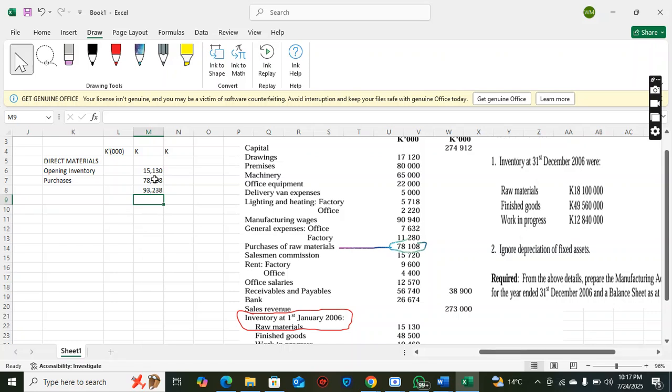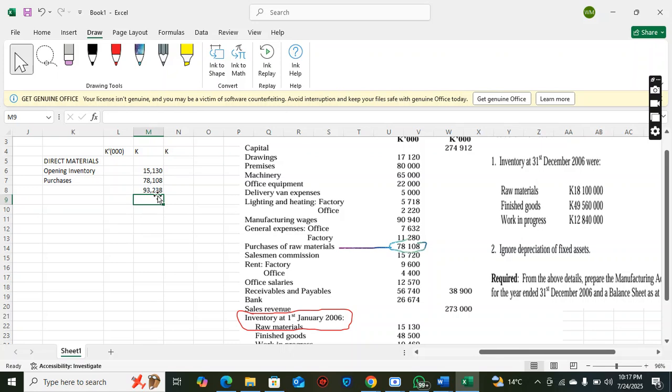That's your carriage outwards. And you never deliver raw materials to your customers. You're only delivering finished goods. That's why you won't find it in the manufacturing account. So thank you for that question. Very important.